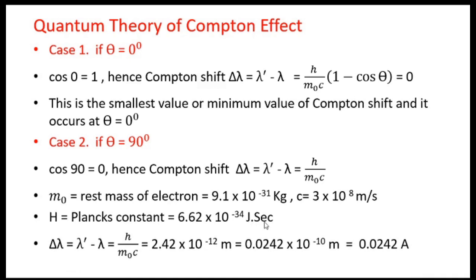Substituting these values, the Compton shift comes out to be 0.0242 into 10 raised to the power minus 10 meter, and since 10 raised to the power minus 10 meter is 1 angstrom, the Compton shift at a scattering angle of 90 degrees is 0.0242 angstrom.